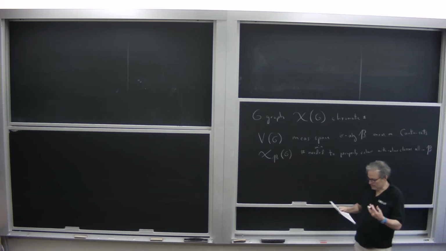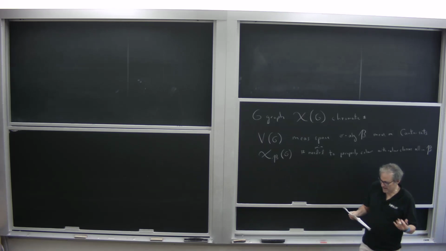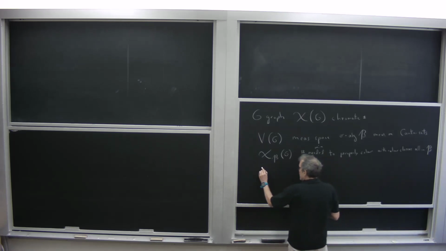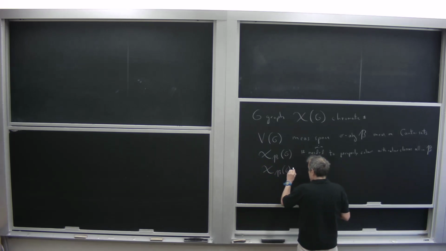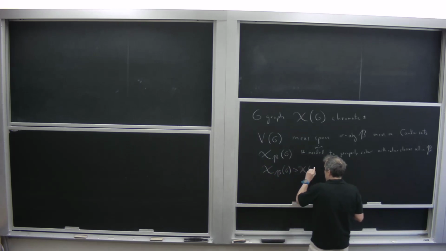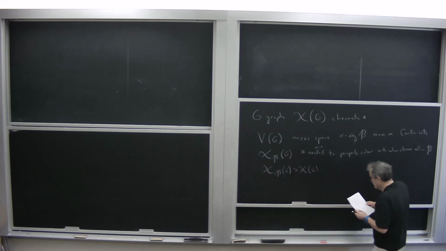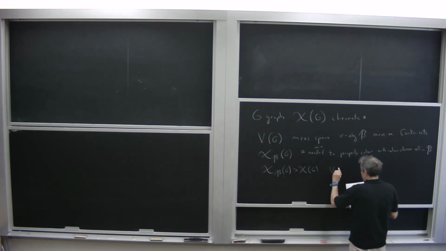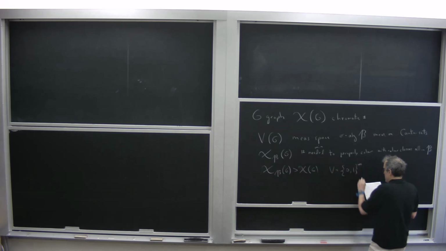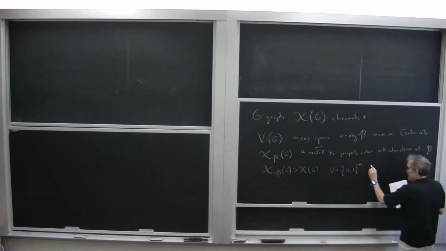But I just want to show a basic example of why it could be that this could be larger than that. So we could take V being {0, 1}^Z, the standard Bernoulli shift space.